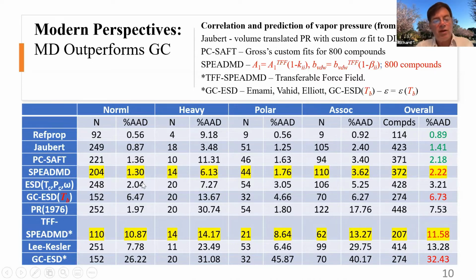And so the database is smaller when you're talking about transferable compounds. That's a distinction. And because you're using a single force field for everything, you're going to expect to have some larger deviations. And that's what we see. We see about a 12% deviation when we develop this force field that's transferable for all the different types of molecules.